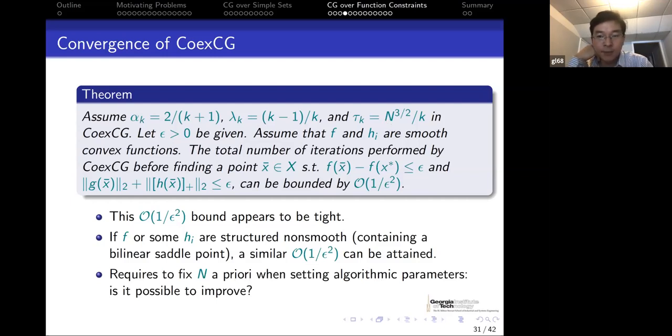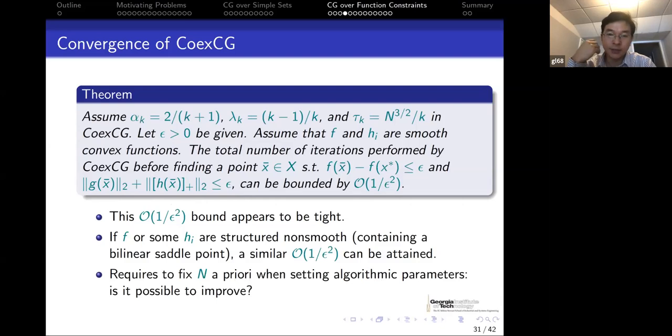So my algorithmic parameter setting relies on the total number of iterations capital N. Using this parameter setting, I can show that I will be able to find a solution so that f(x bar) minus f(x star), where x star is an optimal solution, is less than or equal to epsilon, and the constraint violations, g(x bar) for the linear constraint and h(x bar) for the nonlinear constraint, are smaller than epsilon in at most 1/epsilon squared iterations, okay?